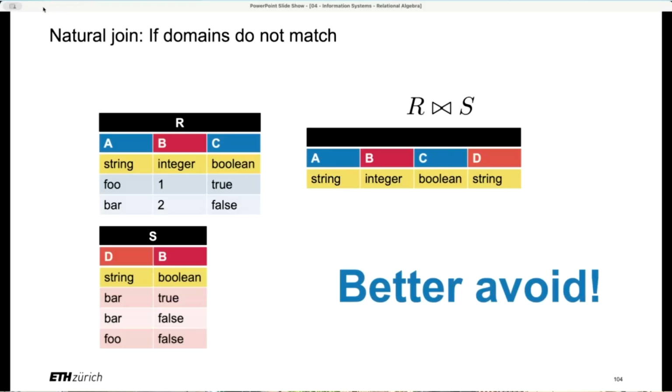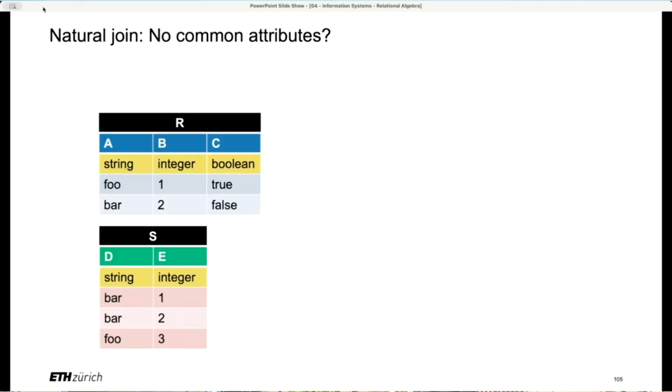You can try, you can do it, but it's not a good idea because this is not what the natural join was designed for. Technically, if you have a natural join but the domains don't match, for example, then an integer will never be the same as a Boolean, and then you will have an empty table. But that's not something people are going to do. If you do a natural join, then you normally do it when the domains also match.